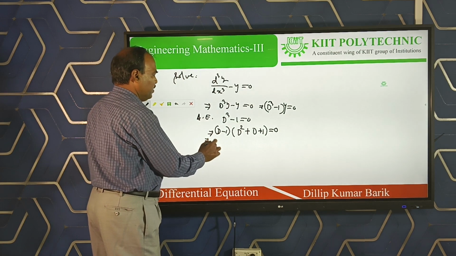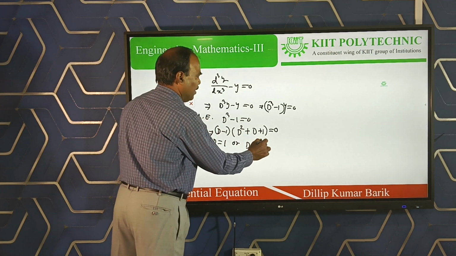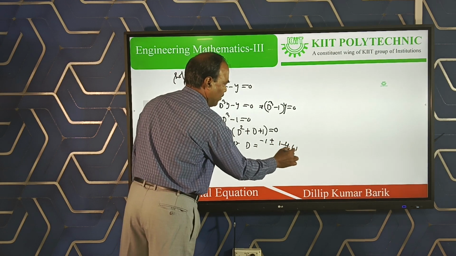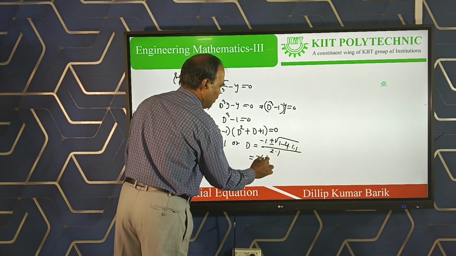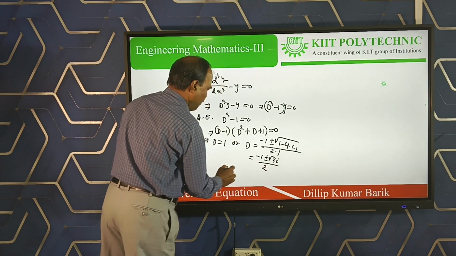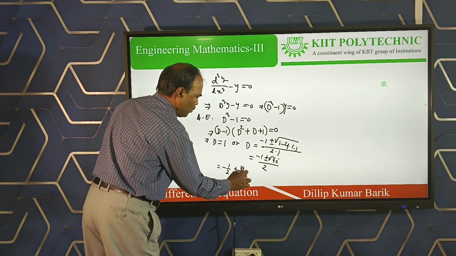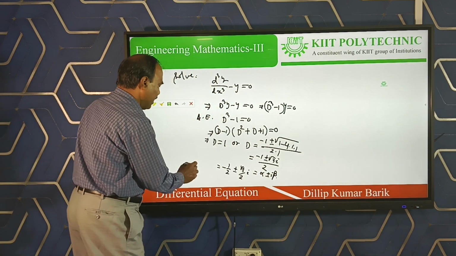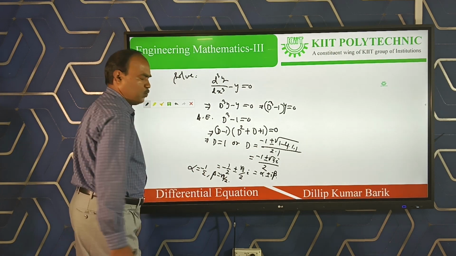So taking each one 0, D is equal to 1, or D here is minus b, here b is 1, minus half plus or minus square root of 1 minus 4ac, that is 4 into 1 into 1, divided by 2 into 1, which is nothing but minus 1 plus or minus square root of 1 minus 4 itself, which is root 3 i divided by 2, or is nothing but minus half plus or minus root 3 by 2 i, which is again the form of alpha plus or minus i beta, where alpha is minus half, beta is root 3 by 2.